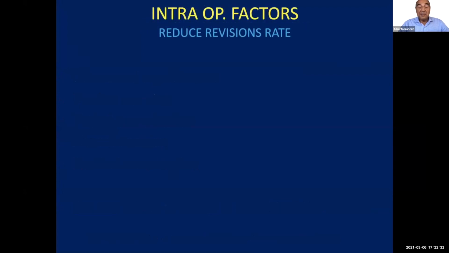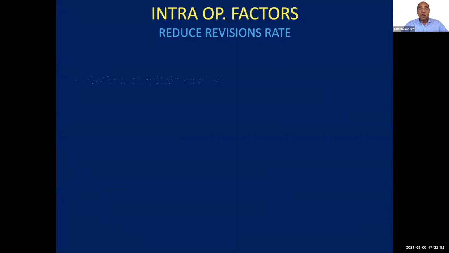So also you have intra-op factors in order to reduce your revision rate, because you will have to check what's happening with you, what's happening in the last year with your revision rate. So something that you must try to do is to reduce revision rate.